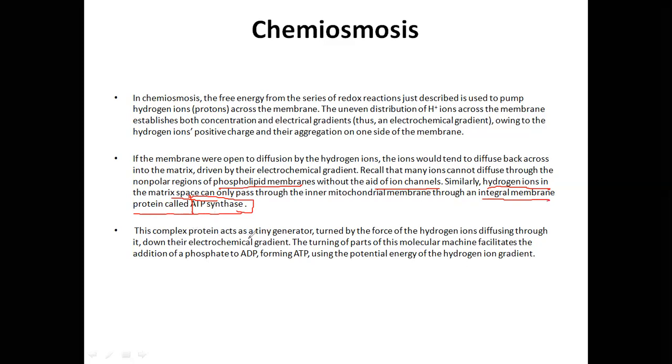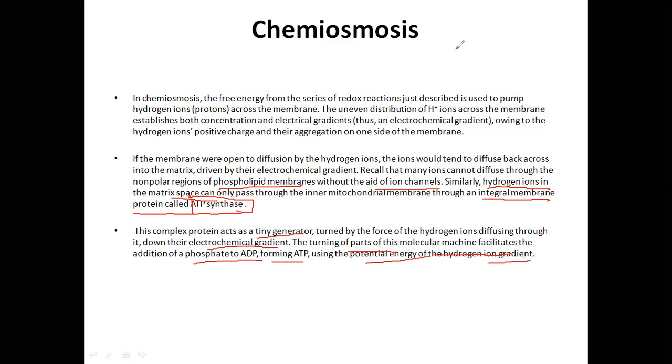This complex protein acts as a tiny generator turned by the force of hydrogen ions diffusing through it down their electrochemical gradient. The turning of parts in this molecular machine facilitates the addition of phosphate to ADP, forming ATP, using the potential energy of the hydrogen ion gradient.